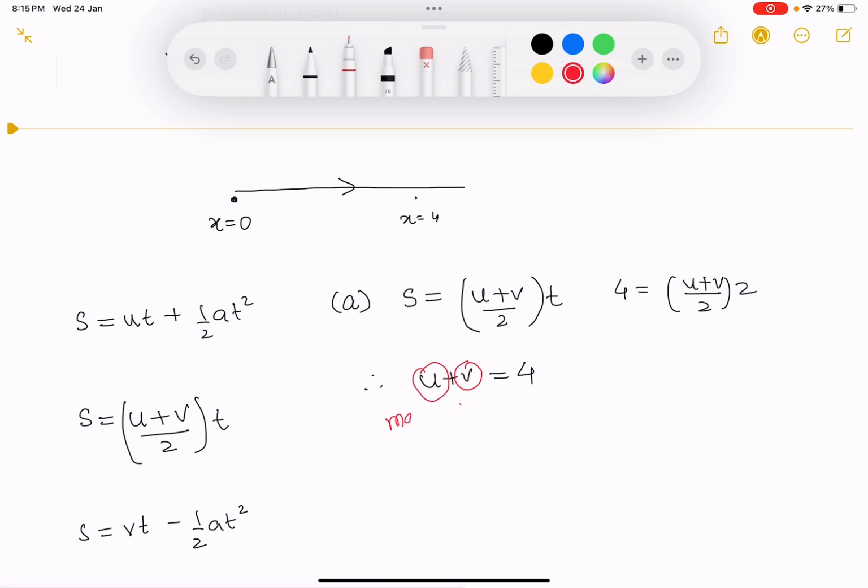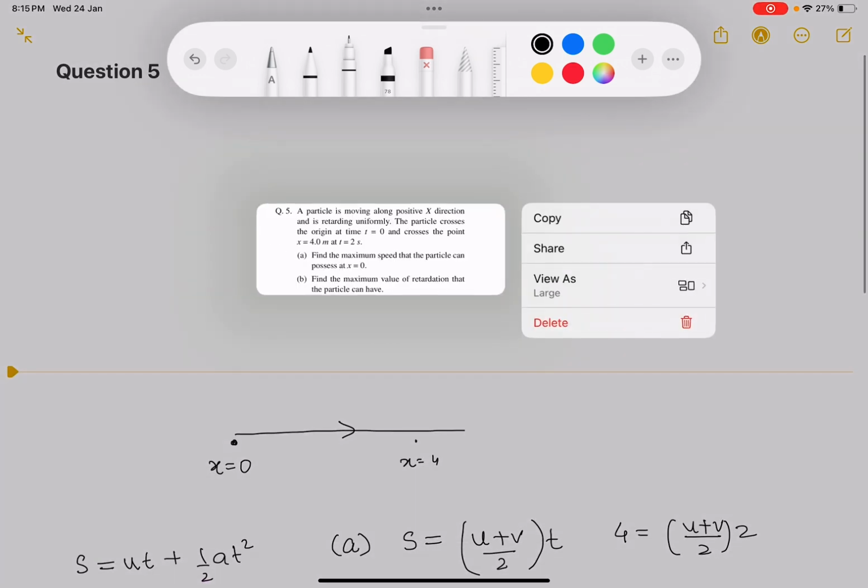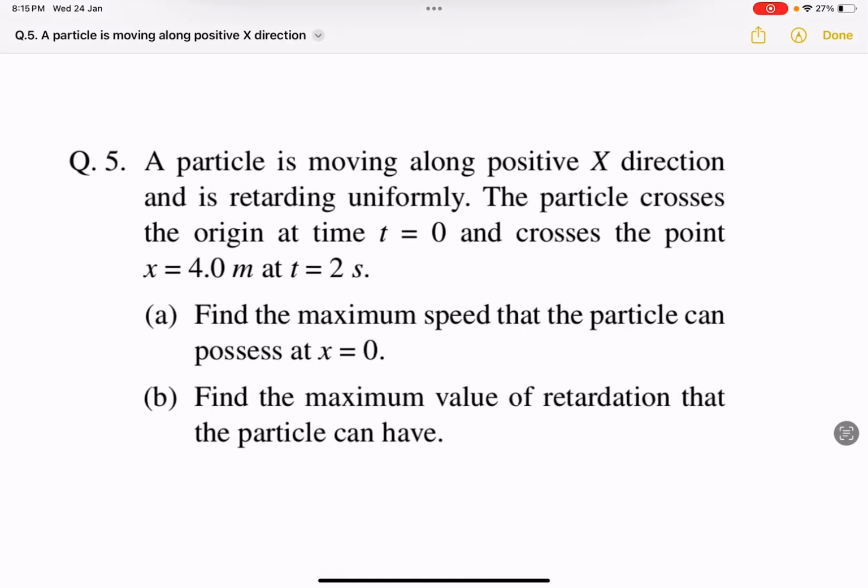If this value is maximum, then this value needs to be minimum, and the minimum possible value of v, we can take it as 0, which gives us the maximum possible value of u as equal to 4 meters per second. I hope that makes sense. So answer to question number A will be 4 meters per second.